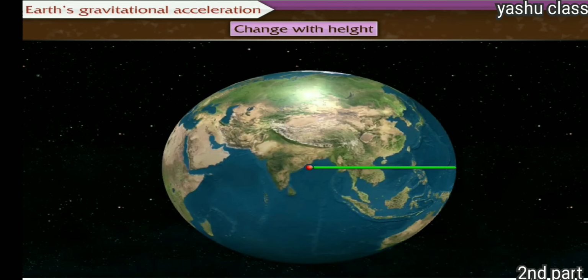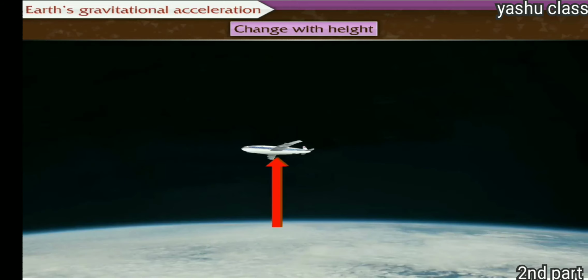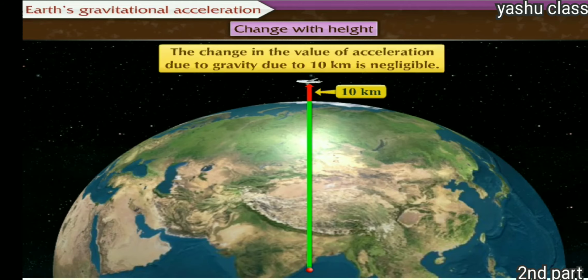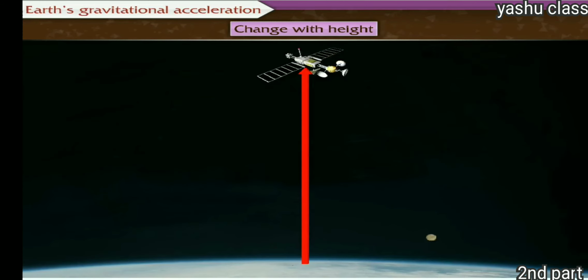For example, the radius of the Earth is 6,400 kilometers. If an aeroplane is flying at a height of 10 kilometers from the surface of the Earth, then its distance from the center of the Earth increases by 10 kilometers. The change in the value of acceleration due to gravity due to it is negligible.